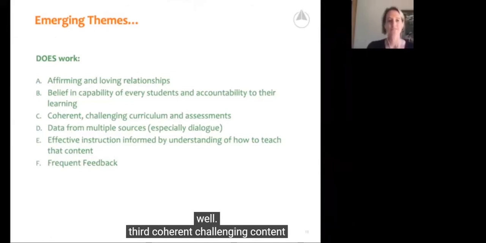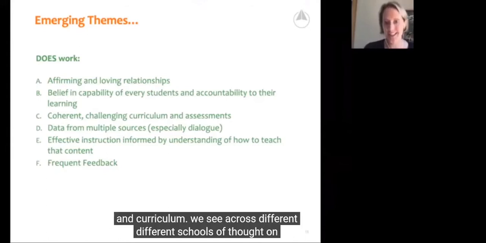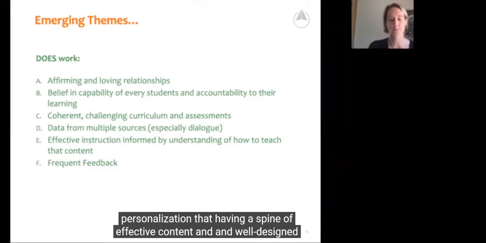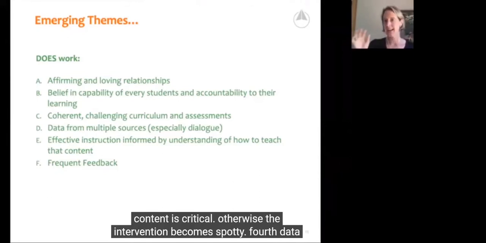Third, coherent, challenging content and curriculum. We see across different schools of thought on personalization that having a spine of effective content and well-designed content is critical. Otherwise, the intervention becomes spotty.